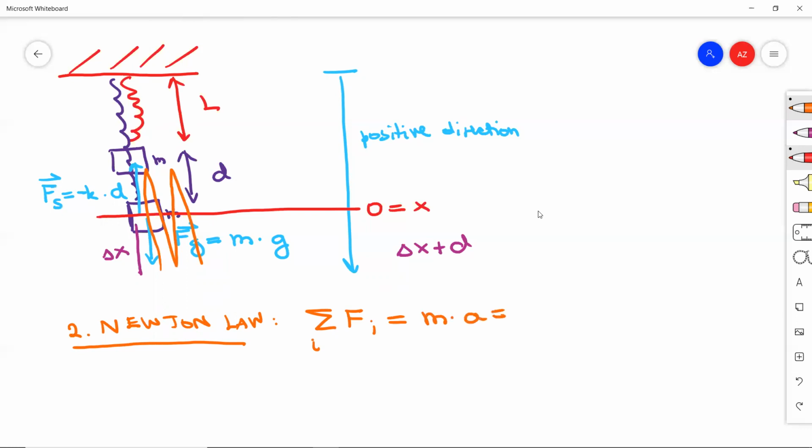And what's acceleration in our case? Yes, the second derivative of the displacement. And since we normalized our origin of x, what are in fact the forces acting on the object?